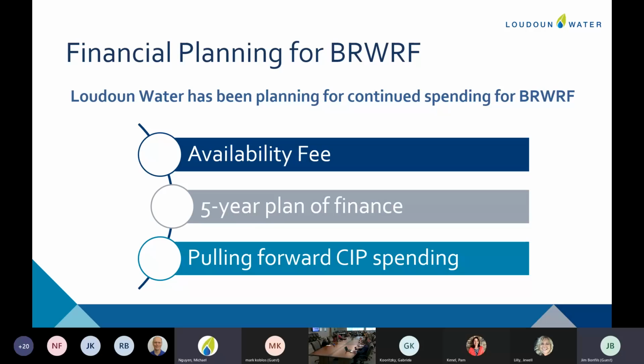Kendra's talking about the spending and preparing for growth, and at the end of the day, how do you pay for it? That's the big question for us. So again, it's availability charges, either through current cash reserves plus debt, is how this will go forward. We just wanted to add that in there because we want you to understand that we're aware, and it's all just part of our overall plan.